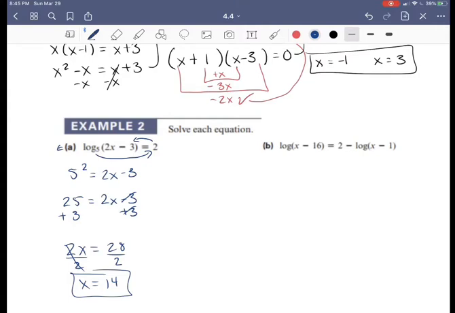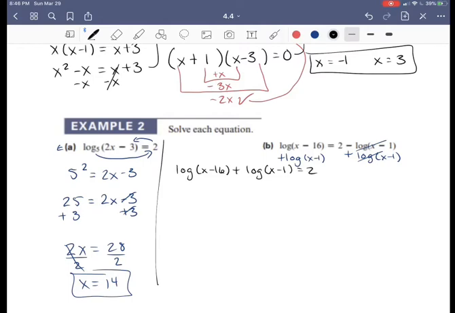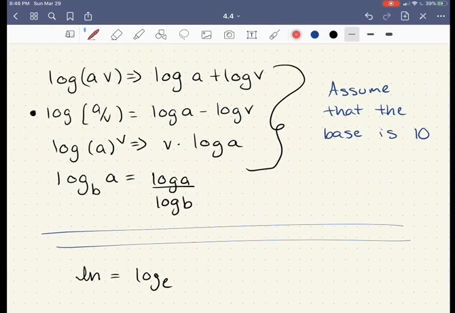This one's a little bit different. I have to add log base x minus 1 to both sides, so I can have the logs on one side only. Let's separate this. I have log of x minus 16 plus log of x minus 1 is equal to 2. Again, these two are adding, so they can multiply based on the first property we have right here.